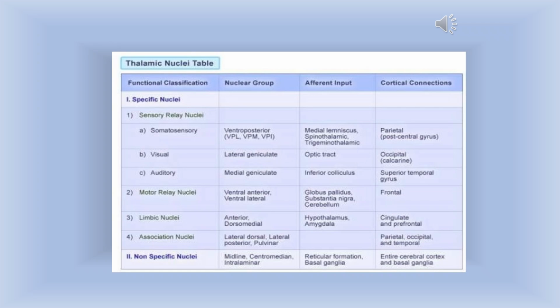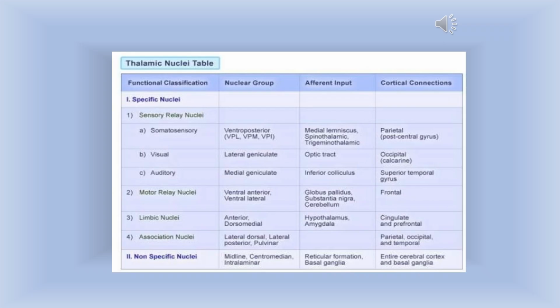Here's a table that summarizes what I just said, the functions of the thalamic nuclei. Look at function number 1 there, which is divided into A, B, and C. So what we have is the switchboard function: incoming sensory signals synapse in the thalamus, and the thalamus directs those signals to the appropriate area of the cerebral cortex where they can be perceived and then interpreted.